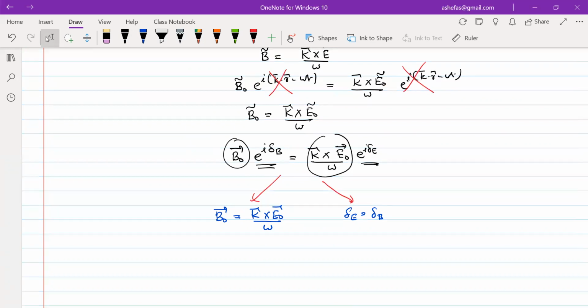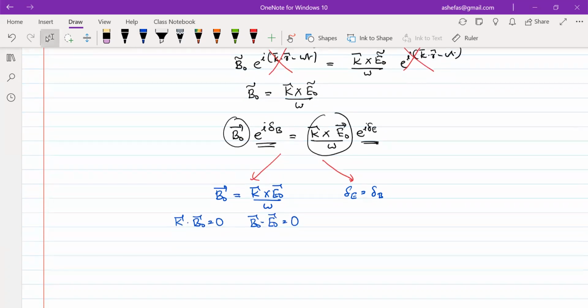So we have already seen that the magnetic field is perpendicular to the direction of propagation. Now the new information in this equation is that the magnetic field should also be proportional to the electric field. We have already seen that k dot B0 must be 0. And here what we have got is that the magnetic field and electric field must also be perpendicular.